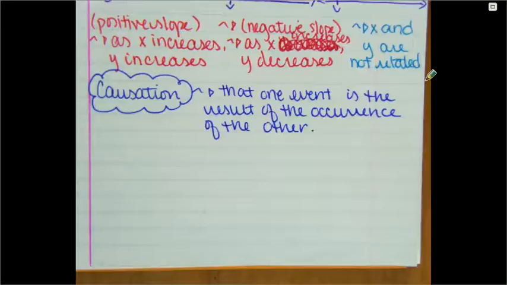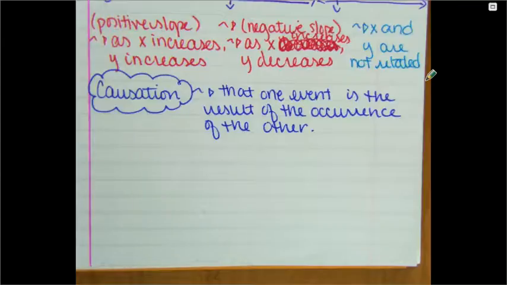So, let's see. If I don't do my homework and I don't study, therefore I'm probably going to fail my test, right? So if you fail your test, is it a cause of not doing your homework? Yeah, okay.